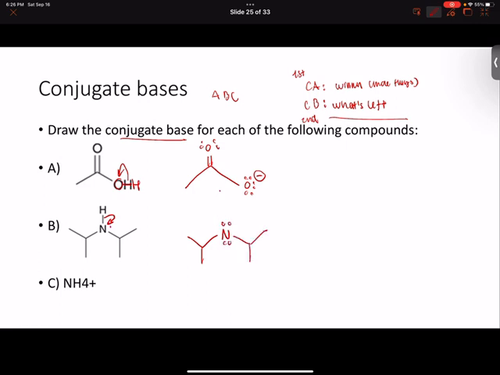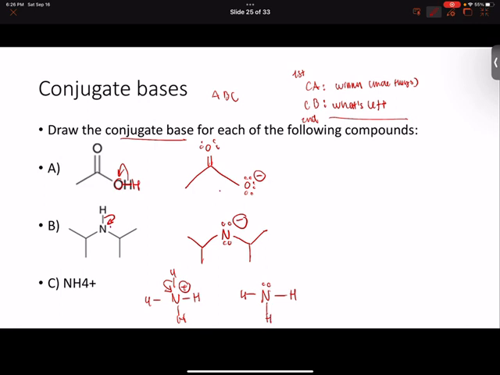So then what's left? We have this down here. And then NH4 plus. So conjugate base, what's left of it, we're gonna remove one proton from it. Just gonna be breaking this, we're gonna place it on that nitrogen, we have one lone pair.